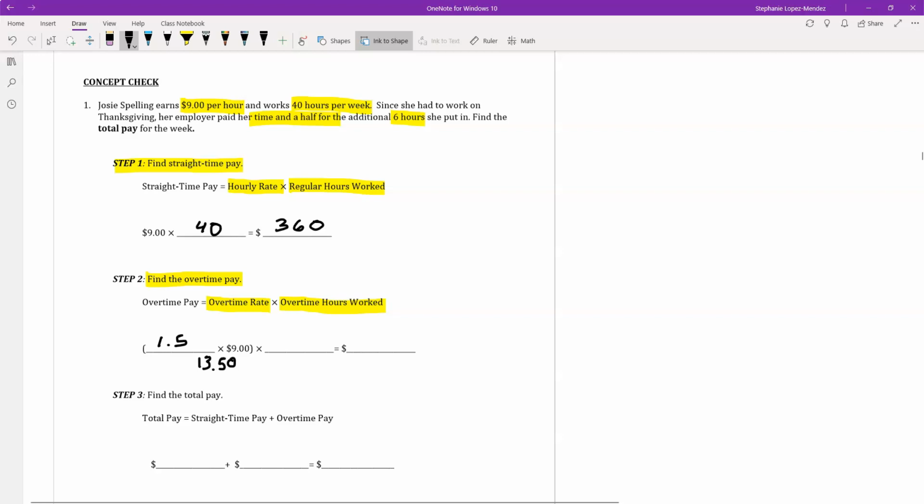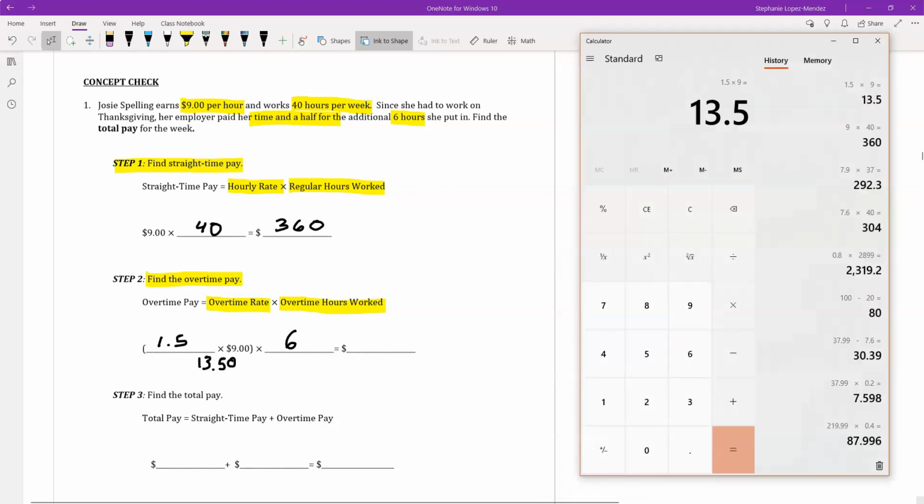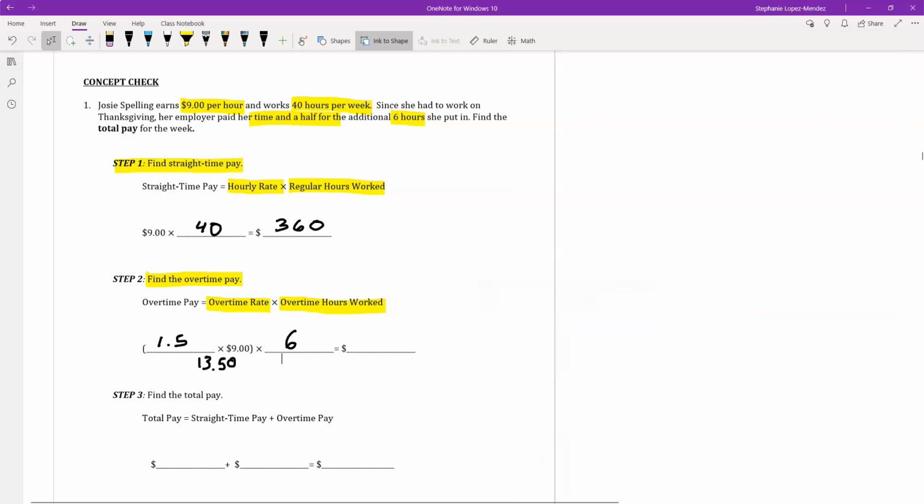And then the 13.50, we are going to multiply it by the overtime hours worked, which were 6 hours. So again, we go to our calculator, and the 13.50 that we already found, we are going to multiply by 6. That is a total of $81.